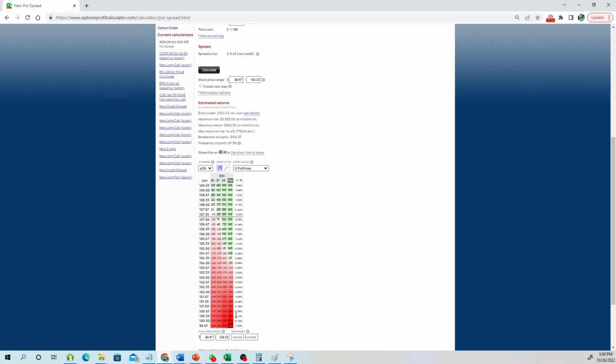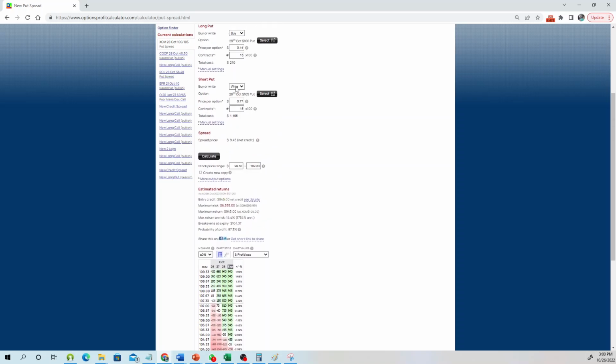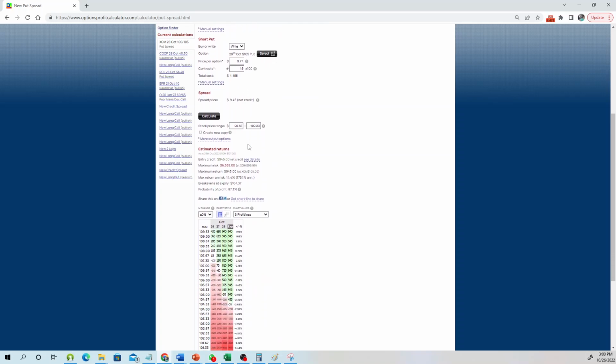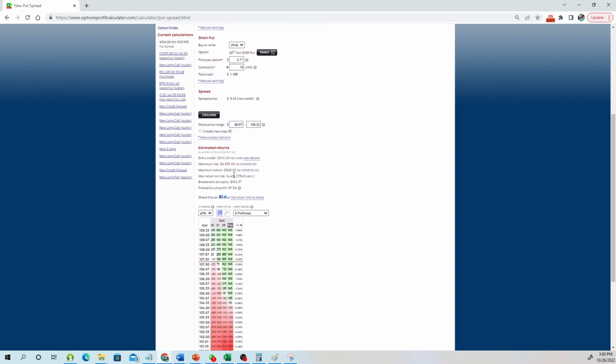But if it drops below that, I have some downside protection from the other put contracts that I purchased to protect my position. Let's see, max return. So it runs the numbers for you, which is great. And that's the actual position that I got into.